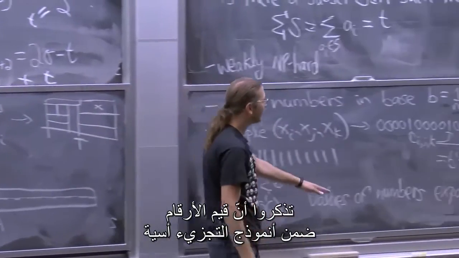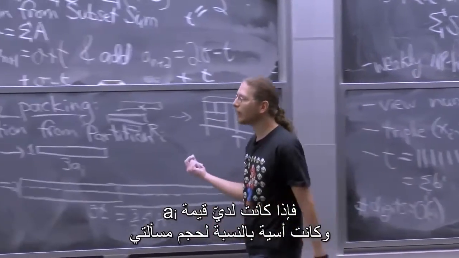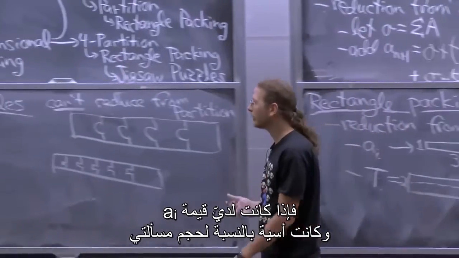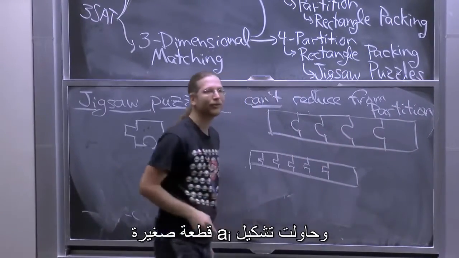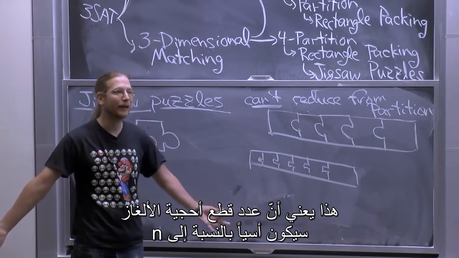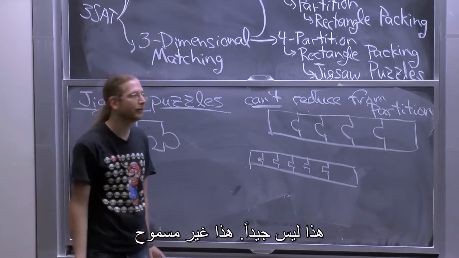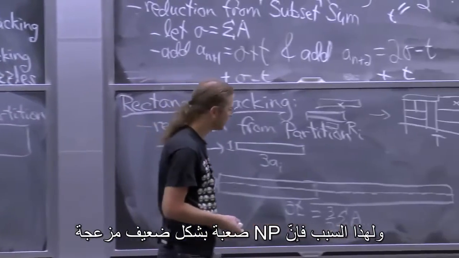Remember, the values of the numbers in my partition instance are exponential. So if I have a value AI and it's exponential in my problem size, and I try to make AI little tiles, that means the number of jigsaw pieces will be exponential in n. That's not good. That's not allowed. This is why weak NP hardness is annoying.